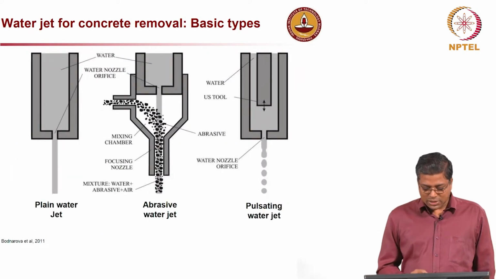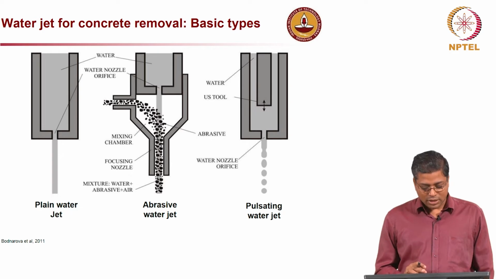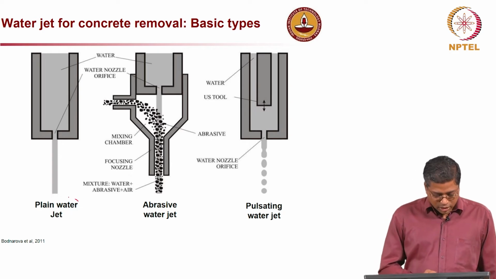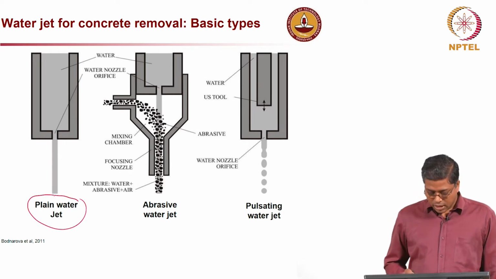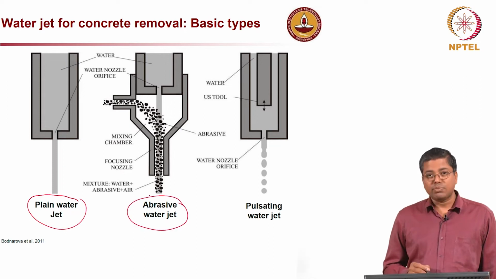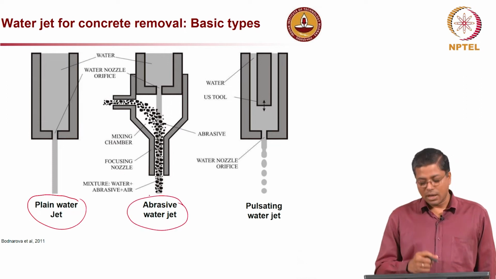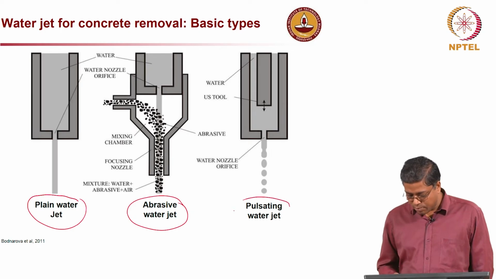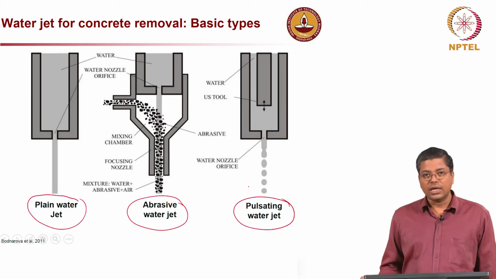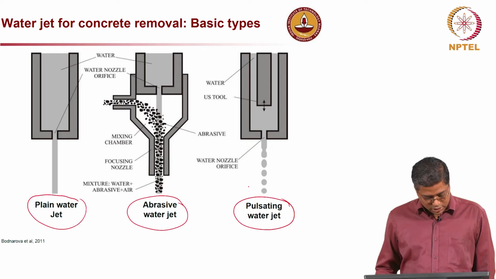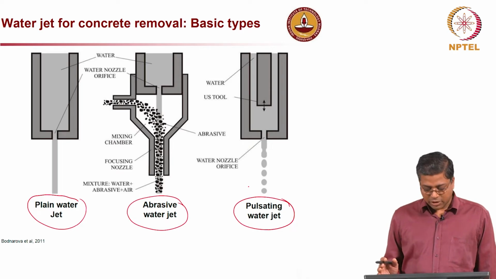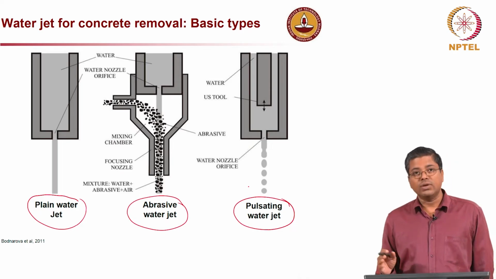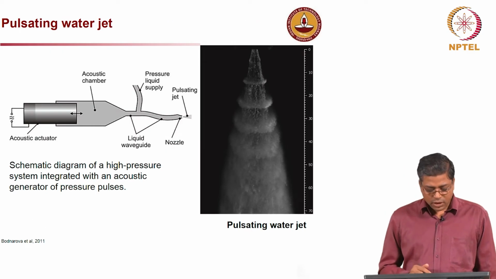I am going to show you some detail about this water jet: plain water jet, abrasive water jet, that means a water jet with some abrasive material inside, and pulsating water jet. These three were studied in a particular research study to see how effective each one is.